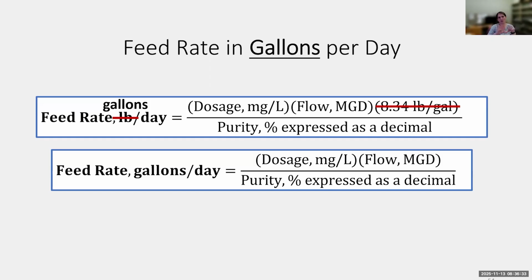You can do all the math, and then at the end divide your final answer by 8.34 pounds per gallon, and that'll get you gallons in the end. So you could either drop that number before you do all your math, or you can cancel it out at the end. Either way works.